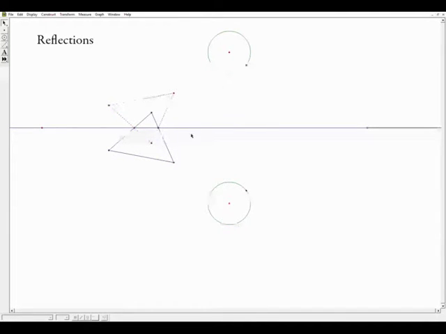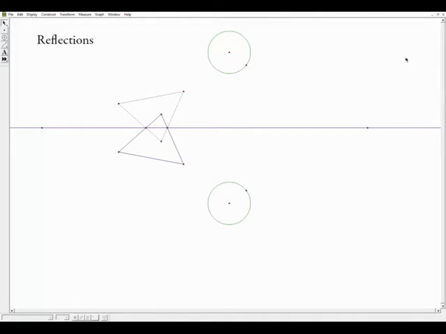So that's a way to check: if your shape crosses the mirror line, your image should also cross the mirror line at the same place. Another way to check is you should have this pleasing symmetry here. This kind of looks like a butterfly on its side. So you should have this symmetry when you reflect it.